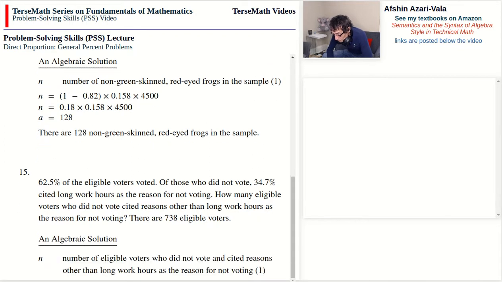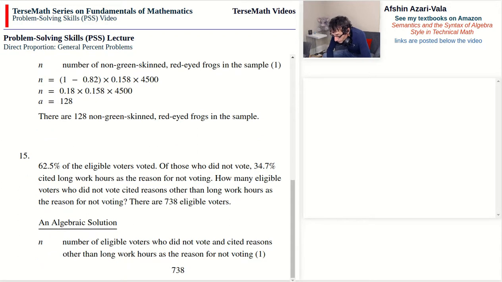For an algebraic solution with n representing the number of eligible voters who did not vote and cited reasons other than long work hours as the reason for not voting, unit 1. We start with the total number of eligible voters, and now we find 100% minus 62.5% of them. That represents the number that did not vote.